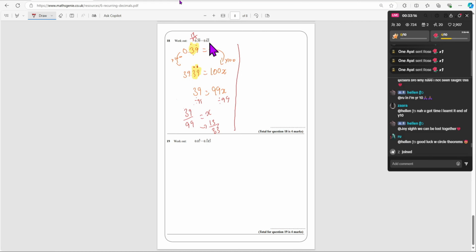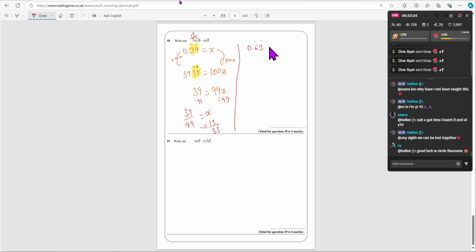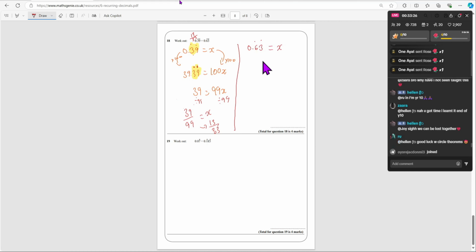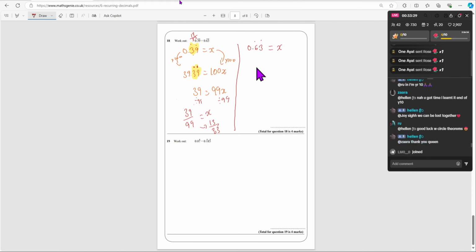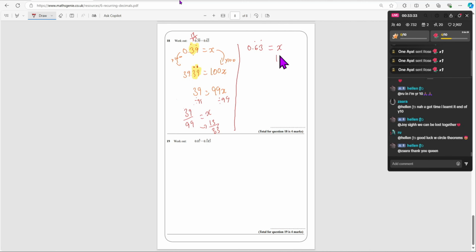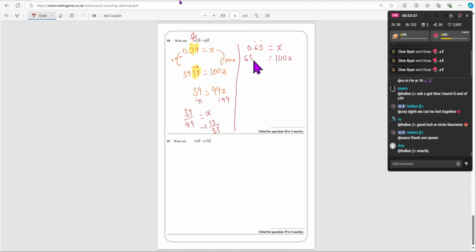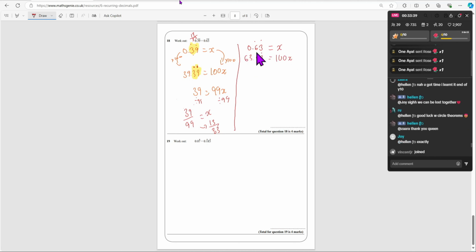Now we need to convert 0.63 recurring to a decimal, to a fraction, sorry. 0.63 recurring, we're just going to say it is x. 0.63 recurring is equal to x. So then we know that 100x is going to be equal to 63.63 recurring.